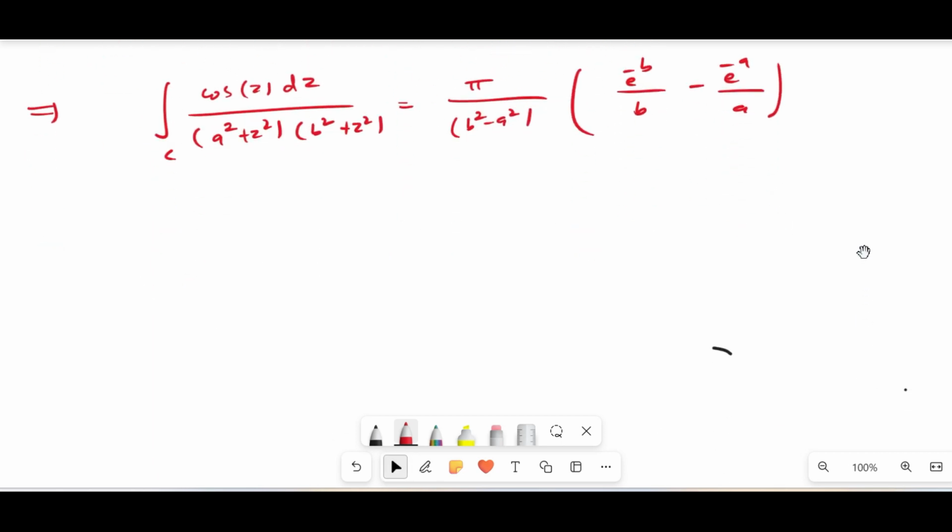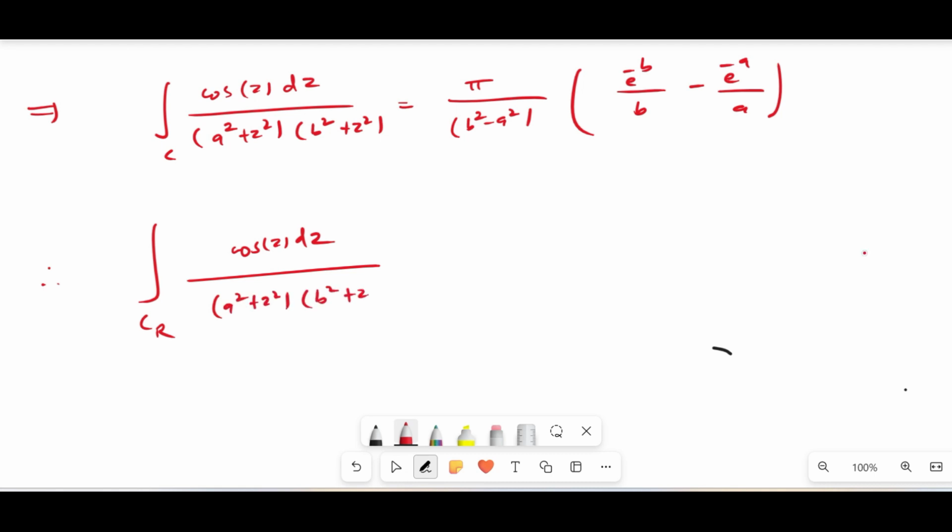And further, the value of the integral over the arc c of radius r, that is cos z dz over (a square plus z square)(b square plus z square), tends to 0 as r tends to infinity, when z is equal to r e to the power of i theta.